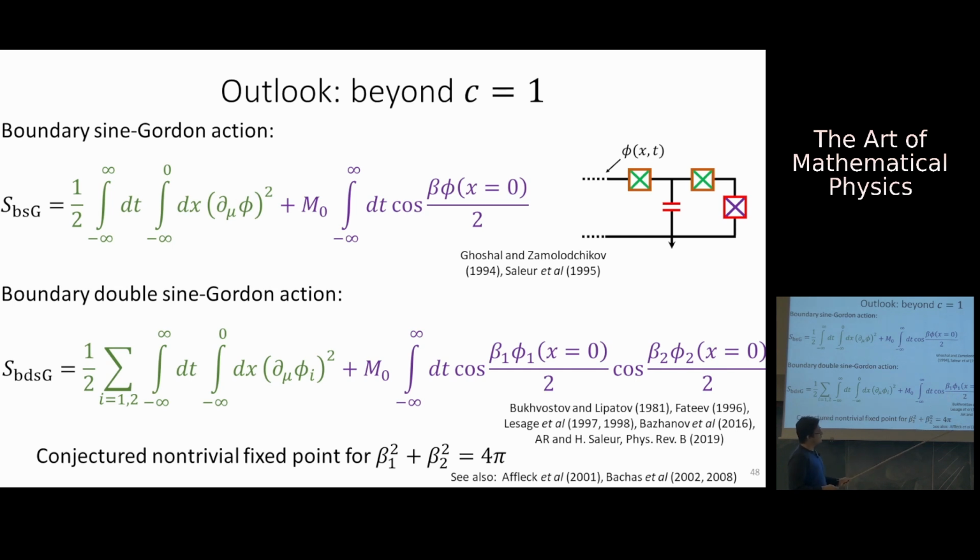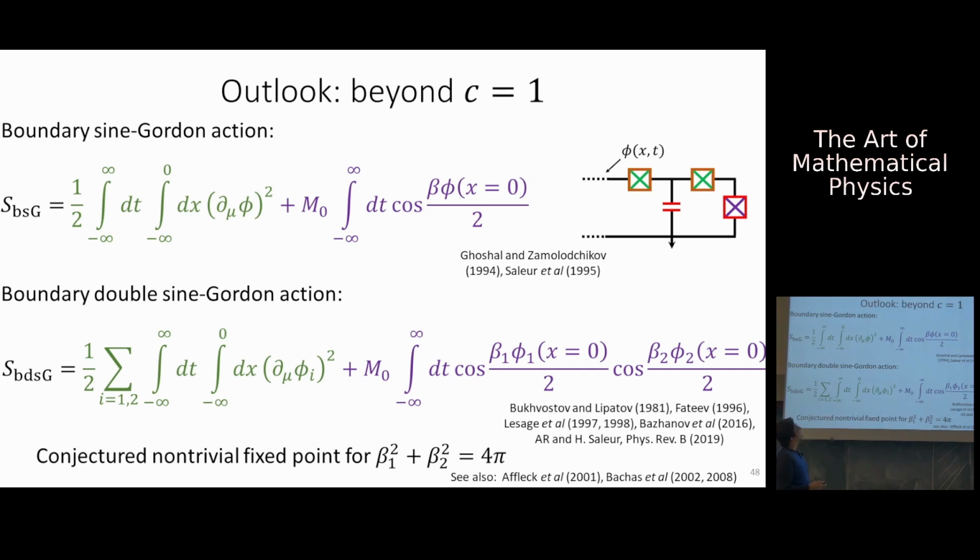For c=2, there is a zoo of very complicated things. So this work with Ian and Hubert and Masaki Yoshikawa, they had looked at a lot of these non-trivial fixed points, and there are other fixed points which are more like the interfaces I described in the works of Bachas and others. So we will focus on this specific fixed point and try to see how we can realize it with a quantum circuit.